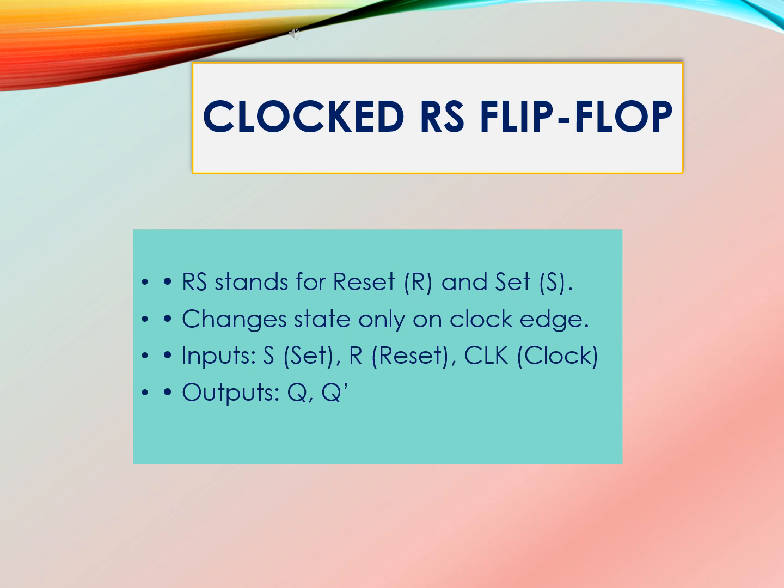The output is represented by Q and its complement is Q prime. The basic operation is simple. If set is active, the output goes to 1. If reset is active, the output becomes 0. However, the output only responds when a clock signal is applied.